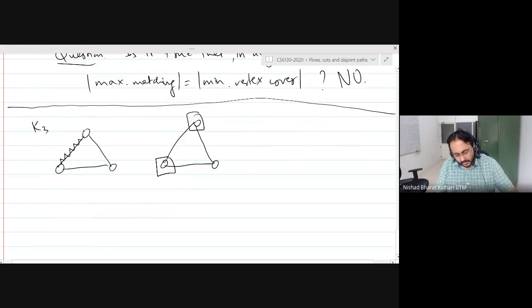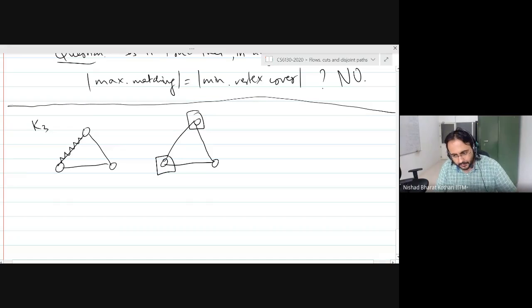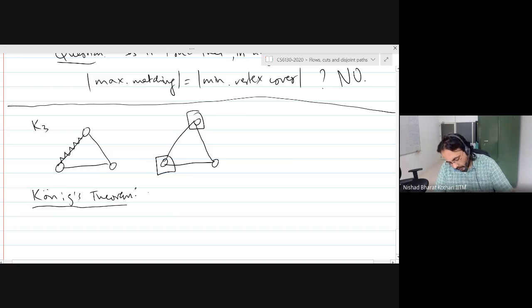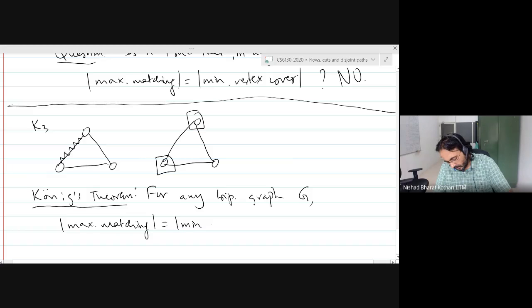But it turns out that there is a class of graphs which we have discussed before where the answer is yes. And that is Koenig's theorem. For any bipartite graph G, the size of a maximum matching is equal to the size of a minimum vertex cover.